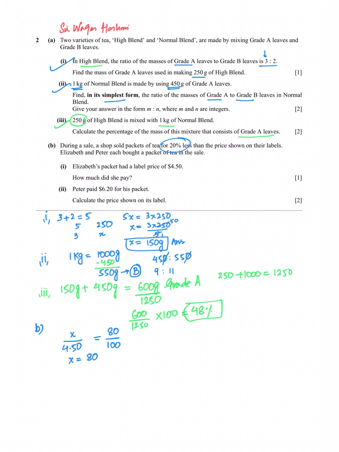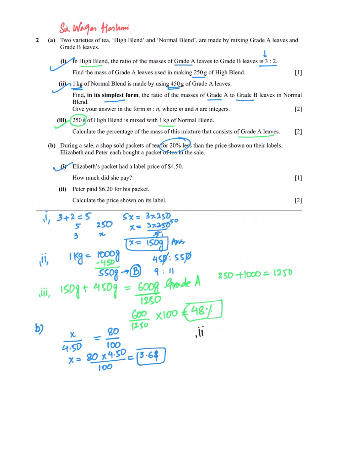It will be 80 times 4.50 divided by 100. So that is equal to $3.6. All right. That means if the label price is 4.50, after 20% less the new price will be $3.6, right? That is part 1.